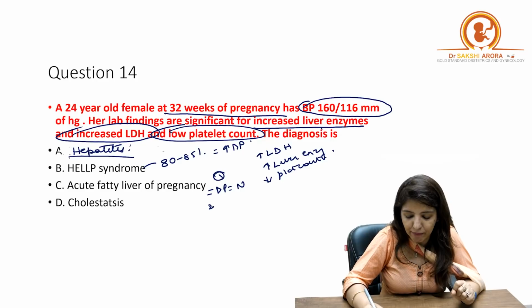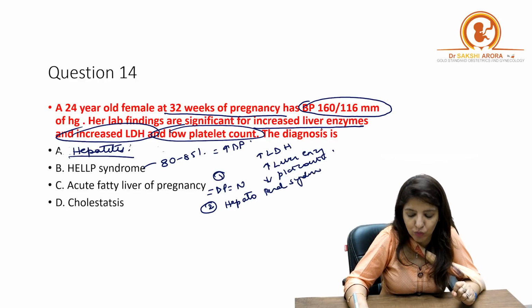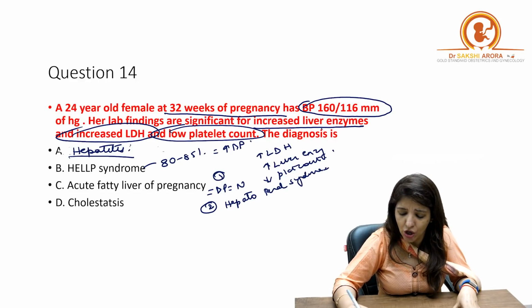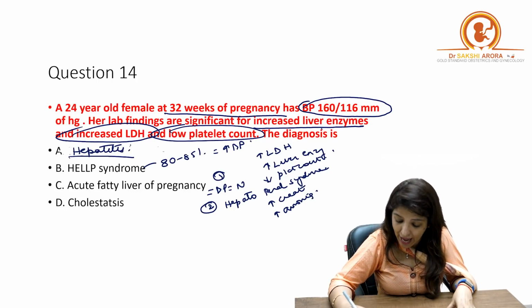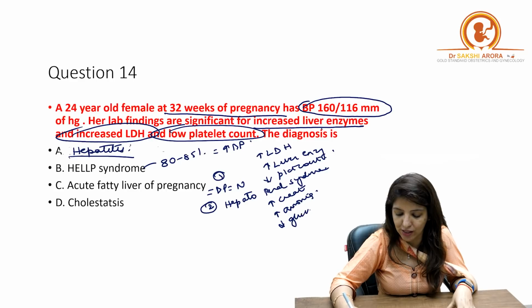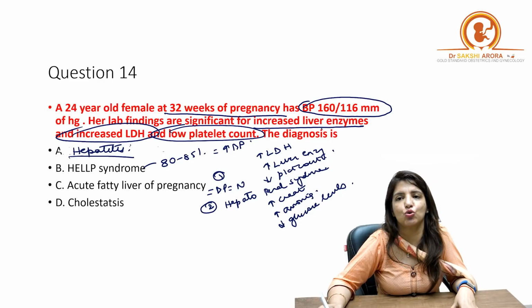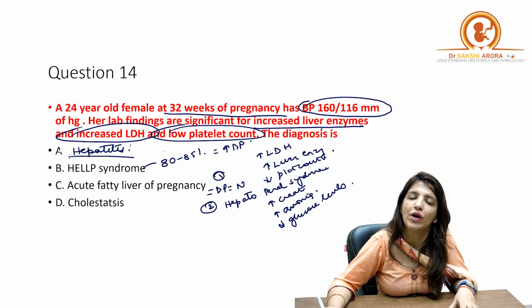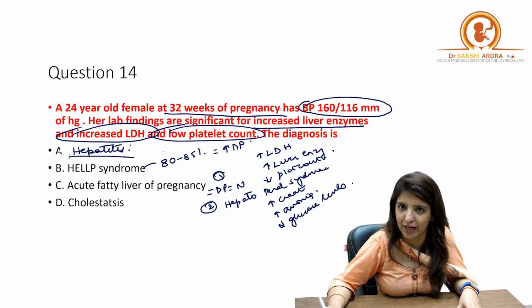Number two, in acute fatty liver of pregnancy, you get a hepatorenal syndrome, which means that you will not just get liver enzymes raised, you will get increased creatinine levels, you will get increased ammonia levels, and increased ammonia is going to lead to confusion in the patient, and there will be decreased glucose levels. So you get hepatorenal syndrome in case of acute fatty liver of pregnancy. Rather, it is the most common cause of liver failure in pregnancy.